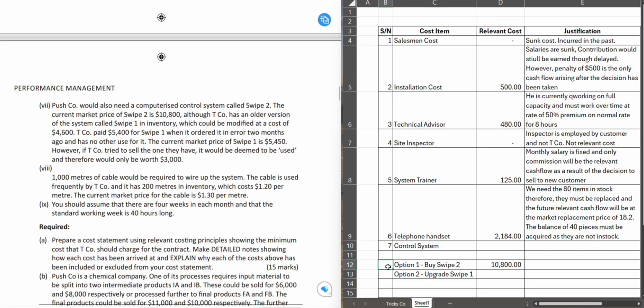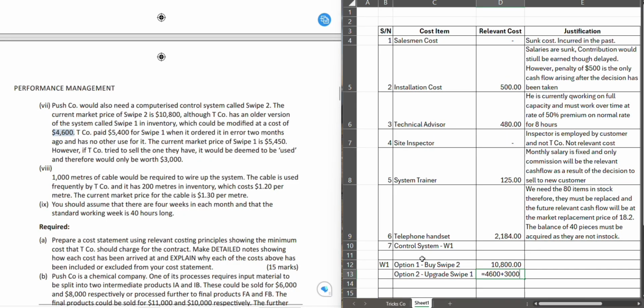However, let me call it working 1, so I won't have to delete it because it's good. So if you have to upgrade swipe 1, you're going to spend $4,600 to upgrade it. And likewise, you could have sold it for $3,000, but you will not be able to sell it again because you want to use it.